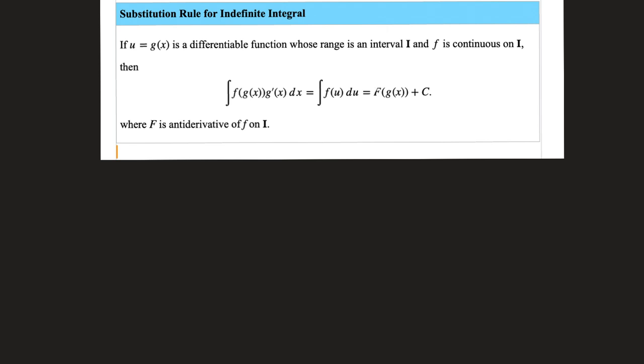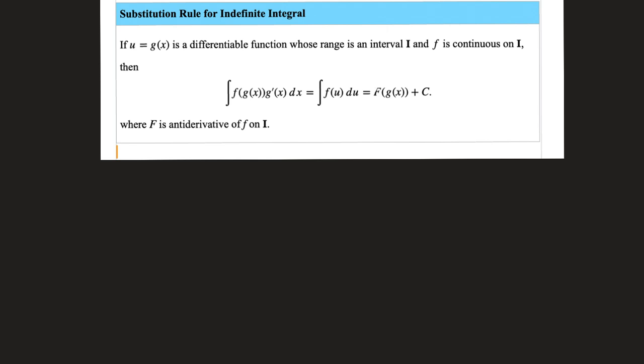Here we're going to use the substitution method for the indefinite integral. So look at this form, guys: the integral of f of g of x times g prime of x. This is a composite function.